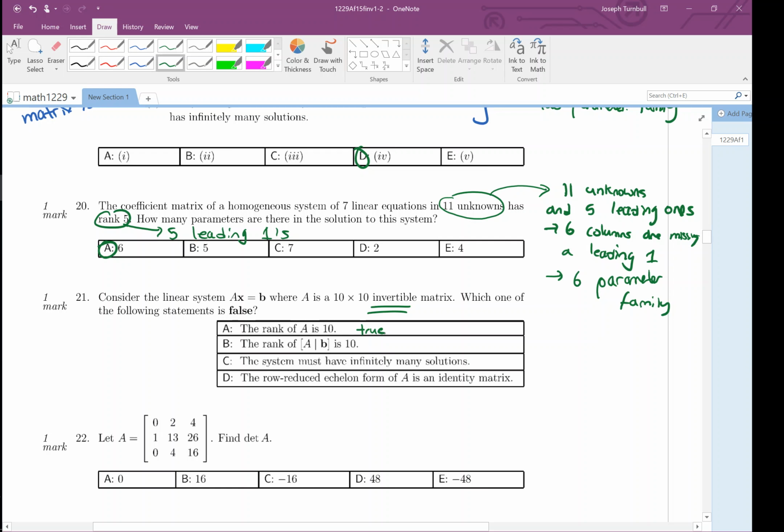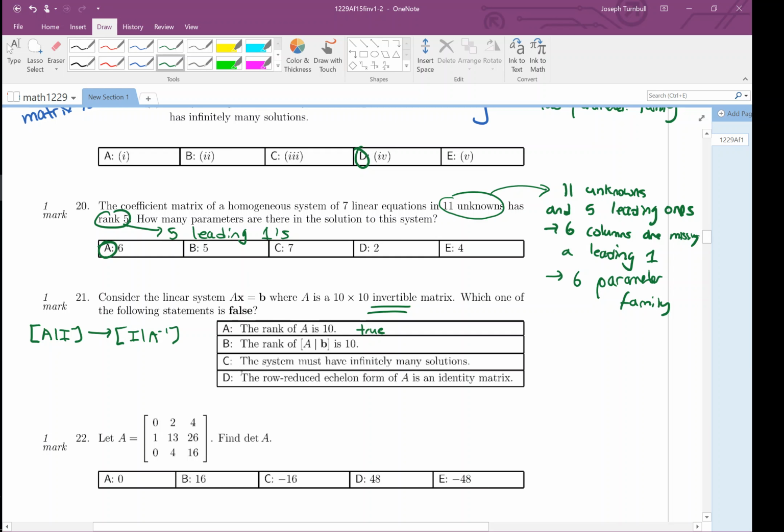The fact that the matrix A is invertible means you can write A bar identity and row reduce it to identity bar A inverse. And if you can row reduce in this way, then that means that the row reduced echelon form of A is identity. And if that's the case, then when you row reduce A, you get a 10 by 10 identity matrix, which means 10 leading ones, which means a rank of 10.